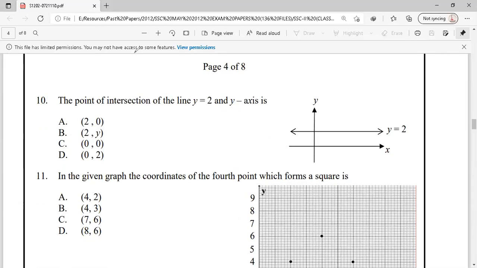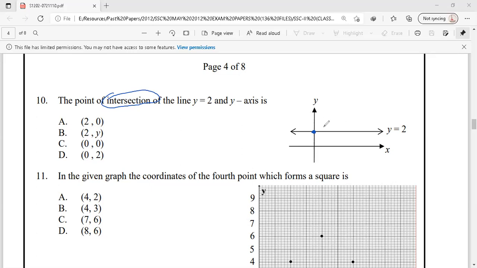The point of intersection of the line y = 2 and the y axis. So we have a line whose equation is y = 2. So this is the line, and we have to find the intersection of this line and the y axis. So this is the point of intersection of this line with the y axis.